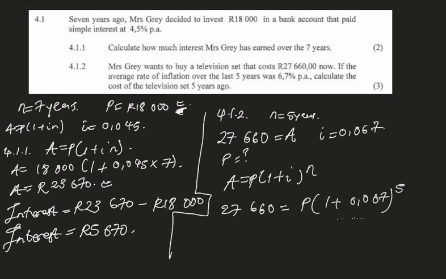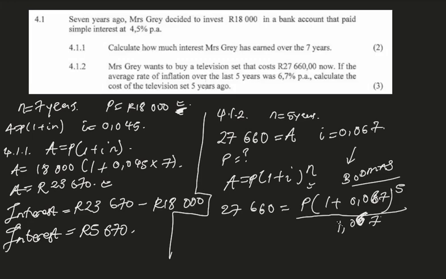I want to make things easier for myself. You see the P here? I want to isolate everything from P. So I'll use BODMAS, which means I solve inside the brackets first. 1 plus 0.067, can I add those? Of course. It gives me 1.067. That's a 6, it's not 0.